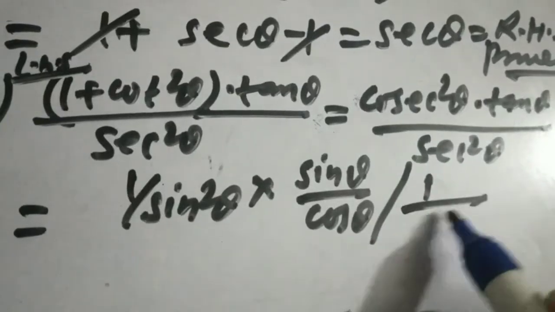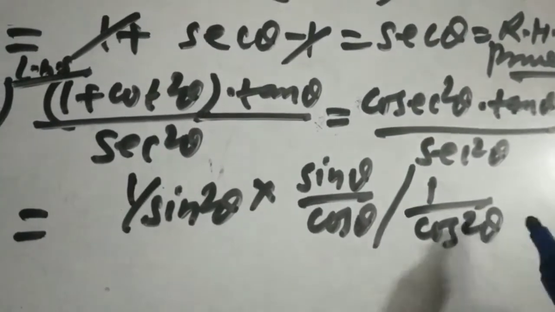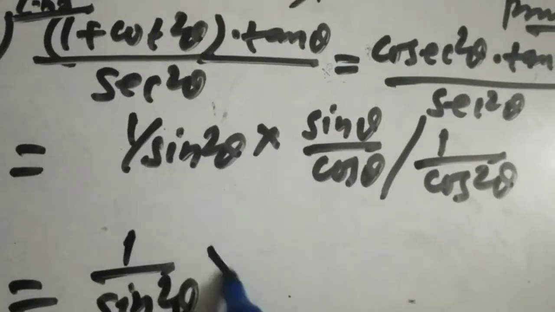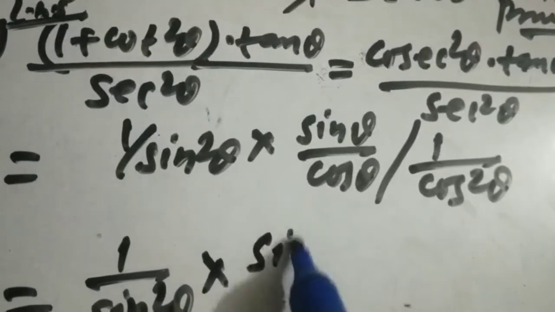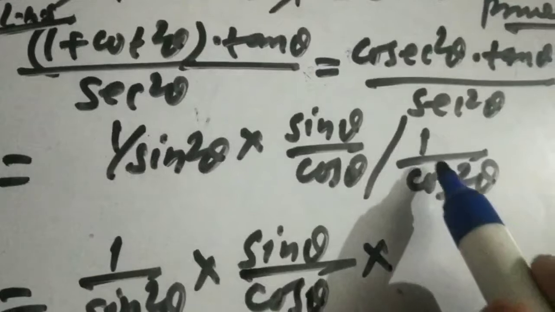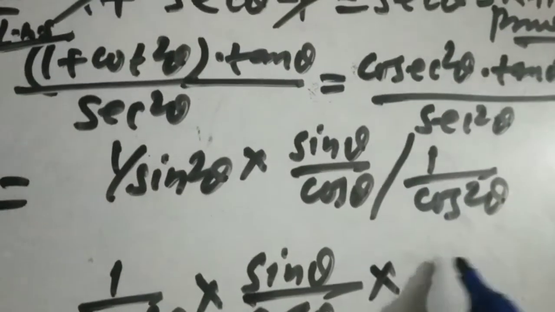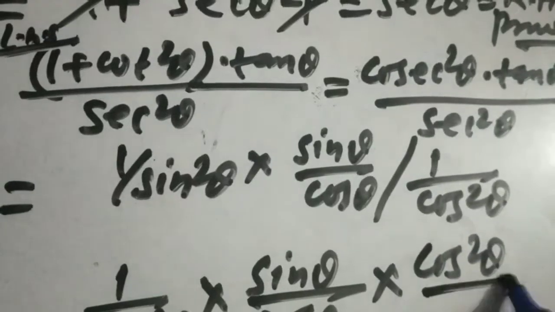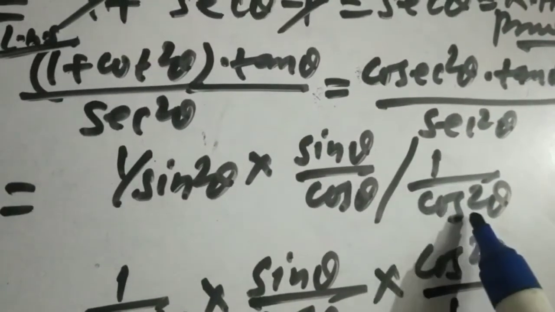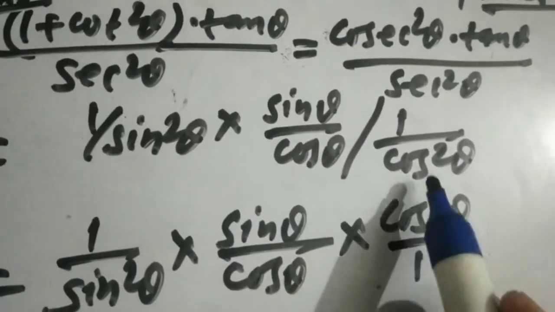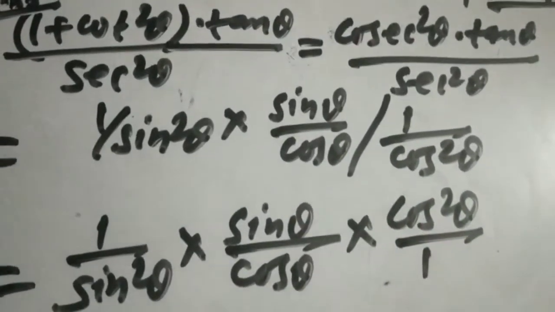So sec square theta will be equal to 1 upon cos square theta. So it will be equal to 1 upon sine square theta into sine theta upon cos theta, and into, now we have to multiply it, so the reciprocal of this fraction will be there, that is 1 upon cos square theta. So if we multiply, it will become cos square theta upon 1.